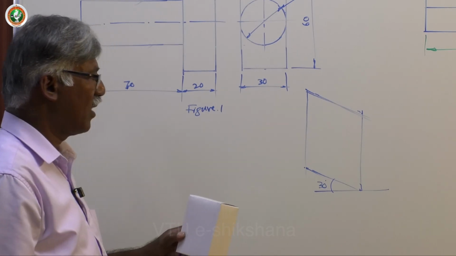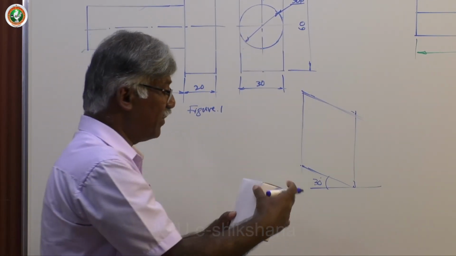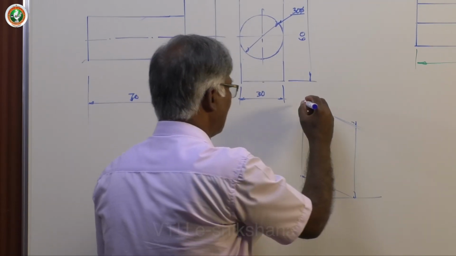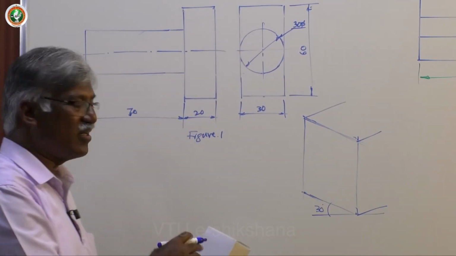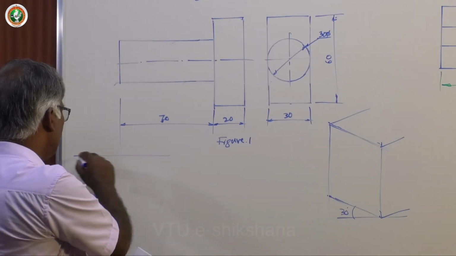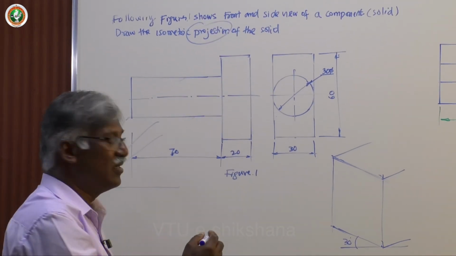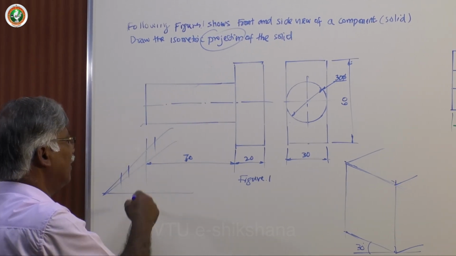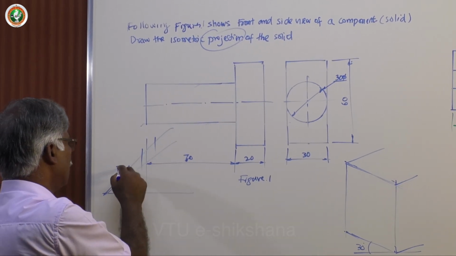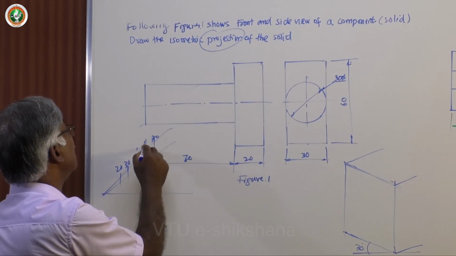Next, how to manage this one? Before that, let me keep the thickness, 60 is 20. Hoping that all distances are taken from the isometric scale, because isometric projection is asked. So 70, 20, 30, 60, 20, 30, 70, 60, 50.